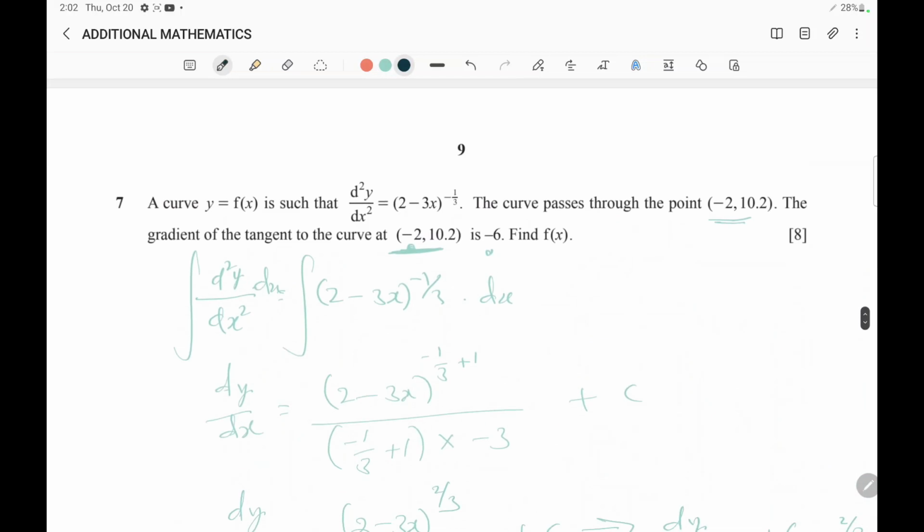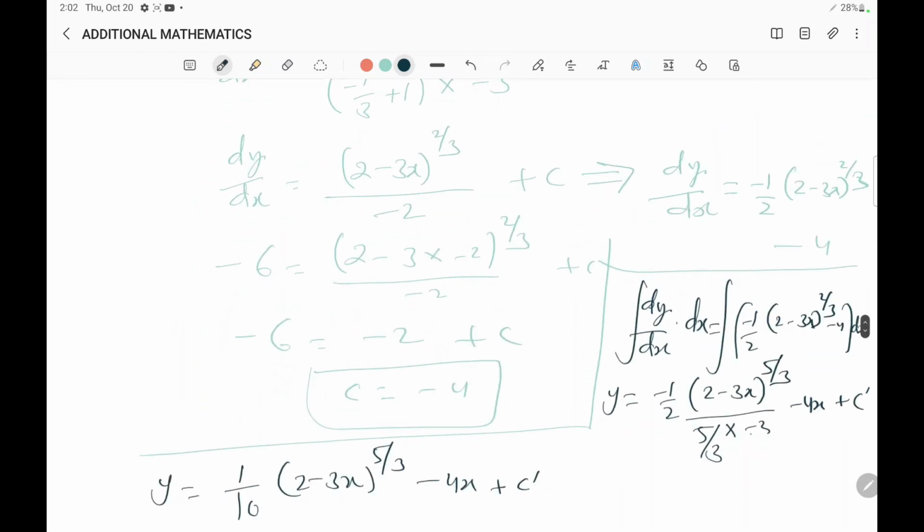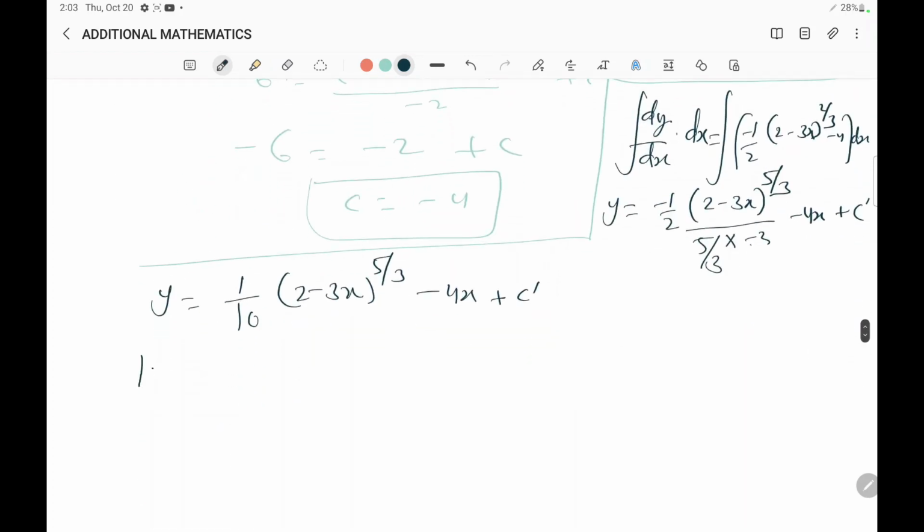I need to find c dash. For that, our point is passing through minus 2 comma 10.2. So y is 10.2, and 2 minus 3 times minus 2 to the power 5 by 3, minus 4 times minus 2, plus c dash.